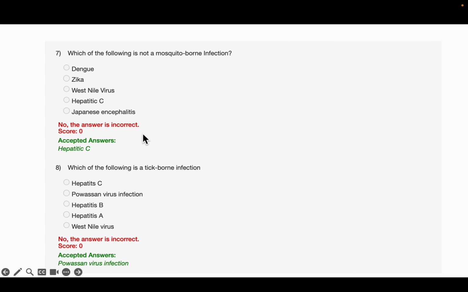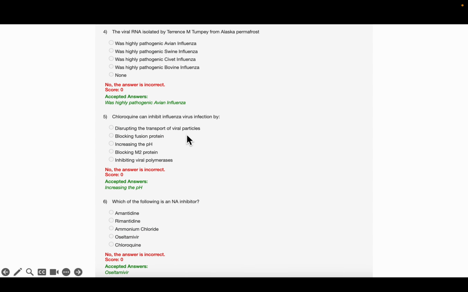Chloroquine inhibits influenza virus infection by increasing the pH. Which of the following is a neuraminidase inhibitor? Amantadine, rimantadine, ammonium chloride, oseltamivir, and chloroquine. The answer is oseltamivir.